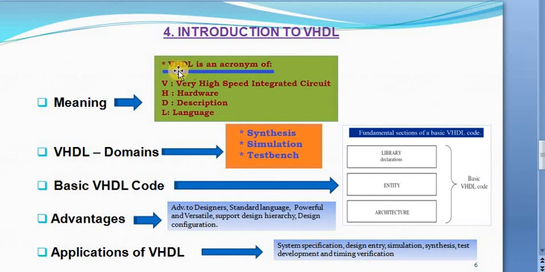It must be noted that it is just like the C language in that it supports a wide range of description styles, and those styles can be structural description, data flow description, behavioral description and mixed description. Now what are the various VHDL domains? There are basically three VHDL domains: synthesis, simulation and test bench.